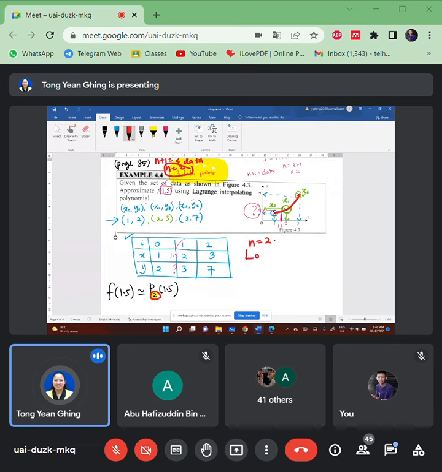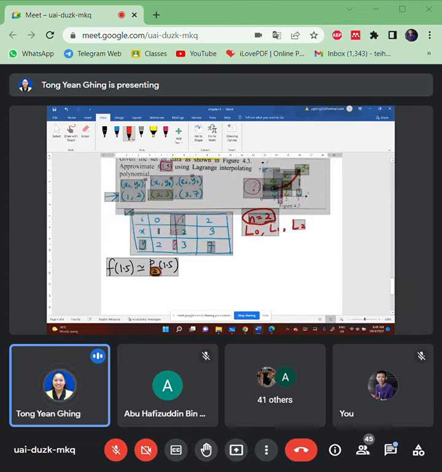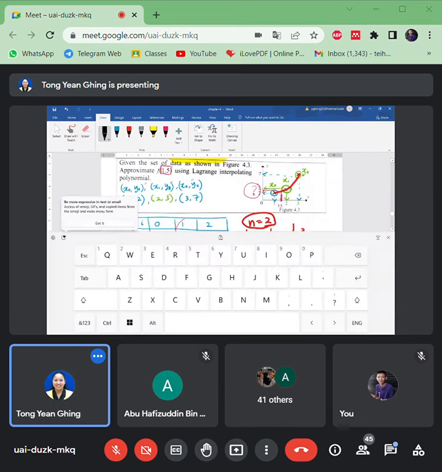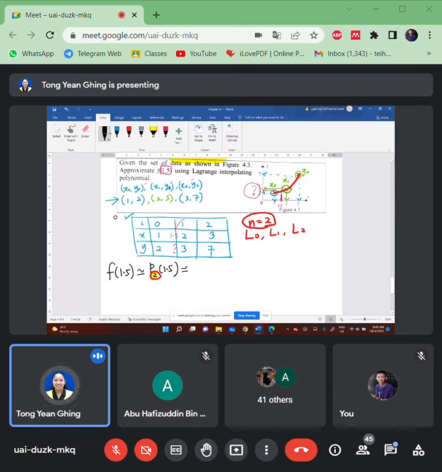So I need L from 0, L1, L2, up to 2 because our N is 2. So this polynomial equals L0(x) times what yesterday was Y naught. On Monday I used f(x), so here I put f(x): f(x0), f(x1), f(x2). Here I put f(xi).